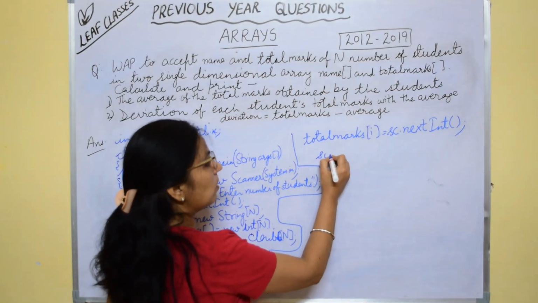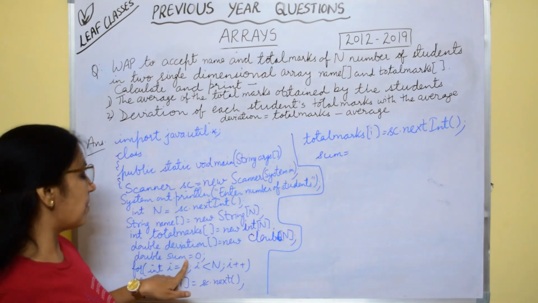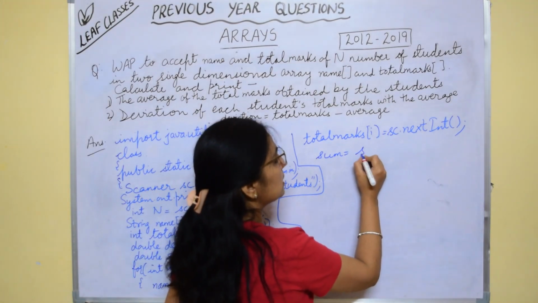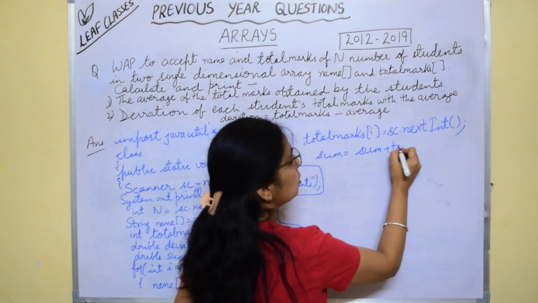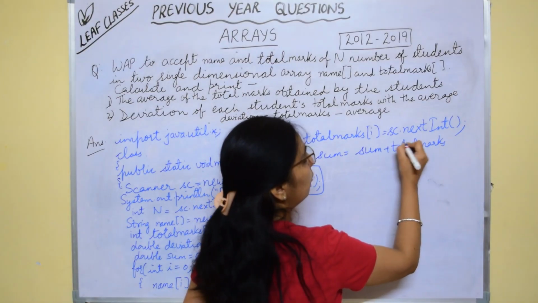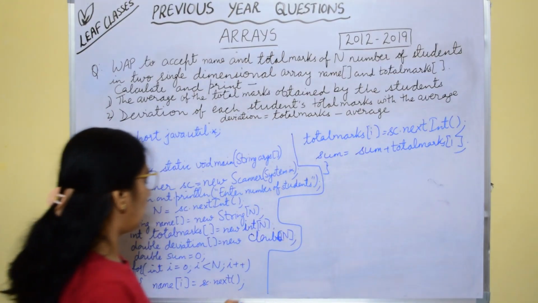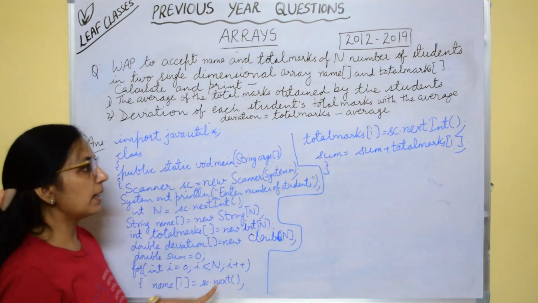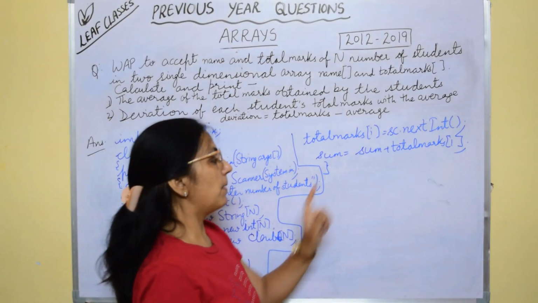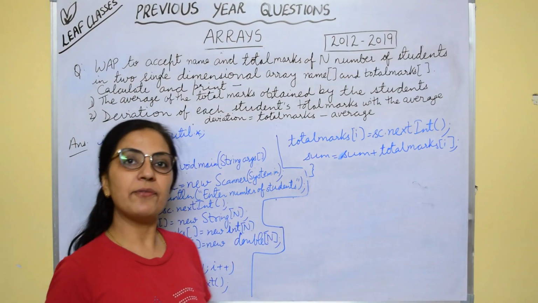After this, there only, as soon as you are entering the marks, add these marks to the sum variable: sum equals sum plus total marks[i]. So in this loop what we are doing, we are entering the name, entering the total marks, calculating the sum.